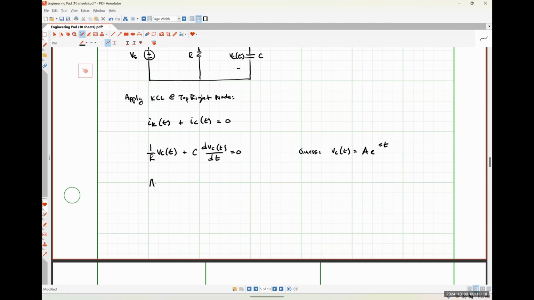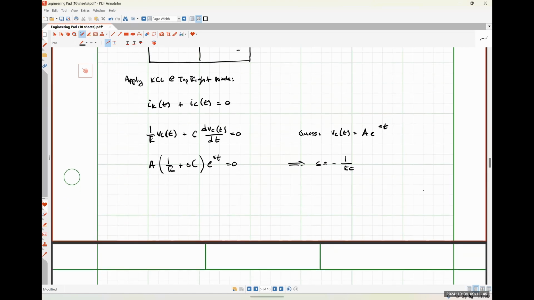So subbing that in, we're going to wind up with A times 1 over R plus sC e to the st is equal to 0, which means s would have to be negative 1 over RC in order to make that work. Okay.